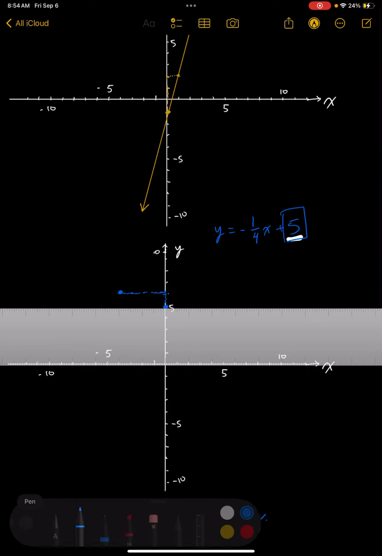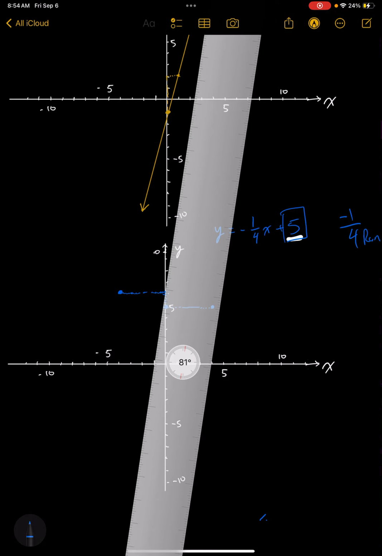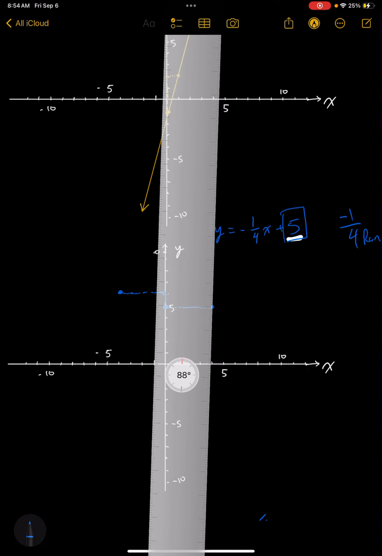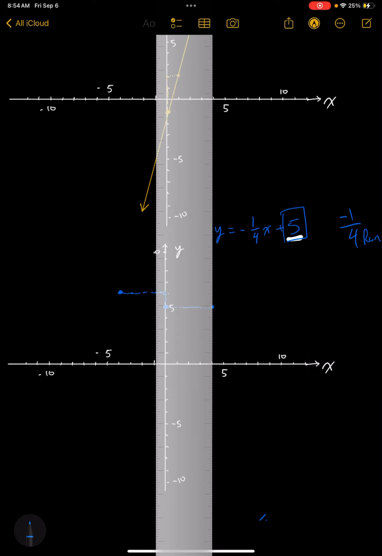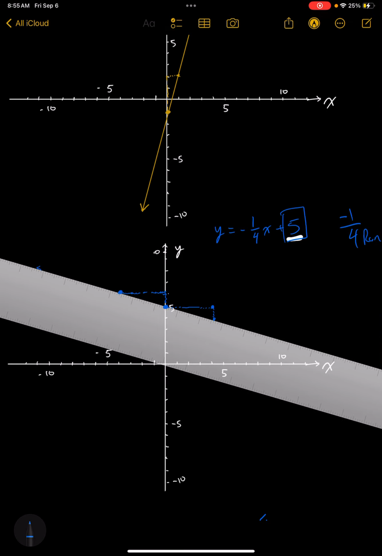We could have said it's negative 1 over 4, which means the run is 4: 1, 2, 3, 4. And the rise is negative 1, so it's not a rise at all. It goes down by 1 unit.